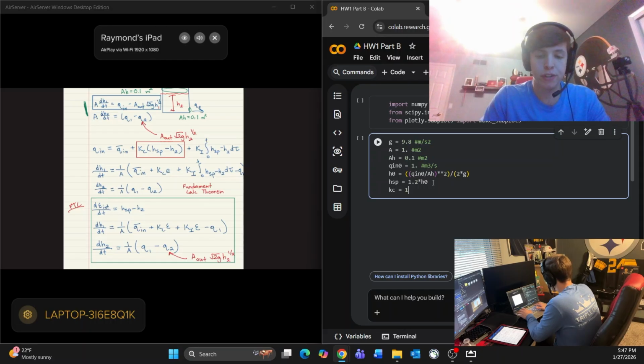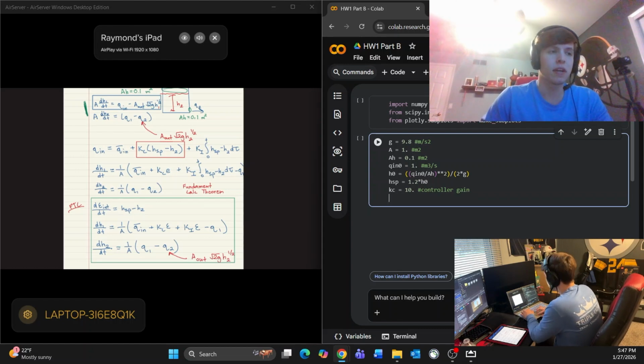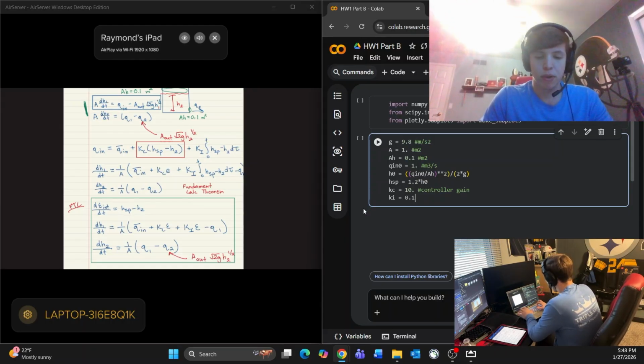And to start off, we are just going to set this at 10 and label this controller gain. Now, we have our integral controller gain, which we are going to label as Ki. And for this instance, we are just going to start out with a value of 0.1. And this we will just label as integral controller gain.